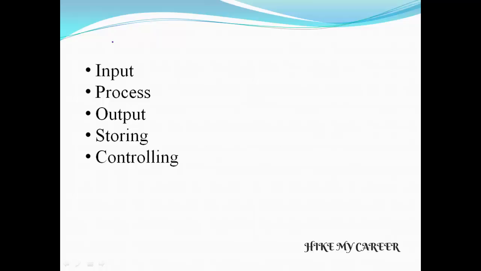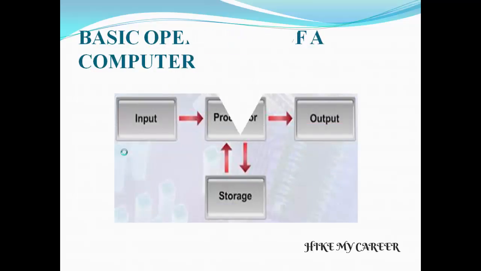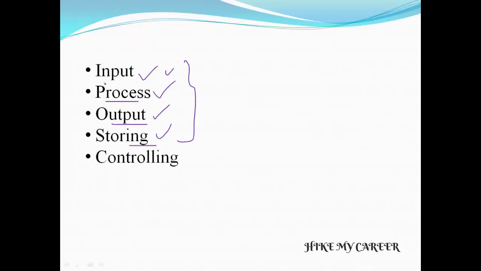In bank exam they ask what is the correct order of the basic operation of the computer. So answer is input, process, output, storing. So friends, please note the correct order: input, process, output, storing.